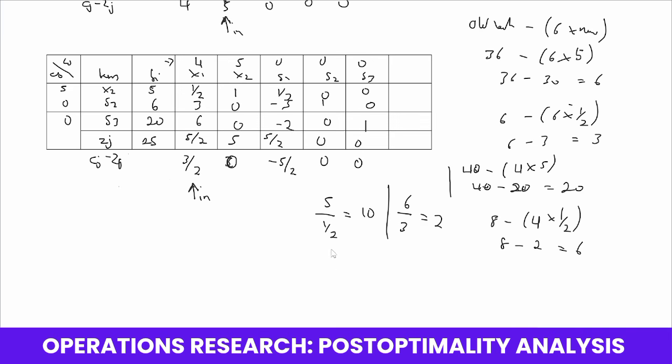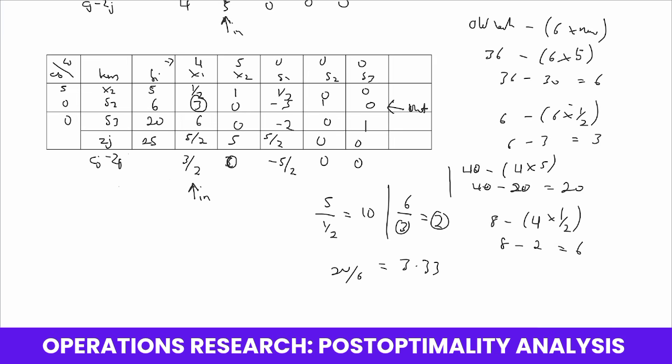And then 20, and the corresponding value in the pivot column is 6. So 20 on 6 will give us 3.33. So what is the minimum value among these three numbers? You have 10, 2, and 3.33. That's 2, and the corresponding value is 3. So 3 is our pivot number, which means that S2 will go out. That's our pivot row.